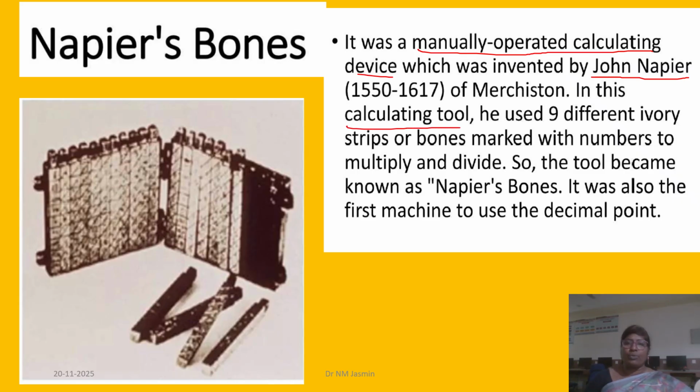In this calculating tool, he used 9 different ivory strips, which can also be called bones, marked with numbers for multiplying and dividing. So the tool became known as Napier's bones. It was also the first machine to use the decimal point.